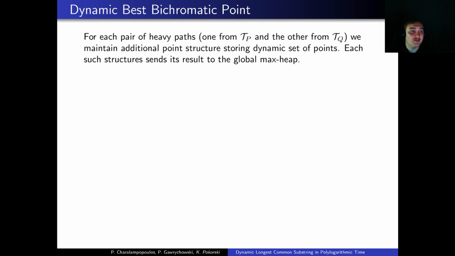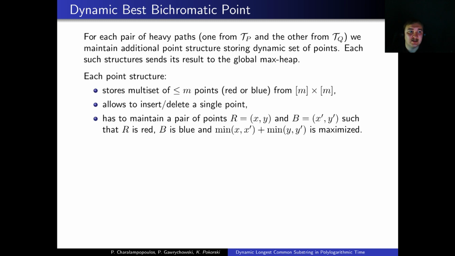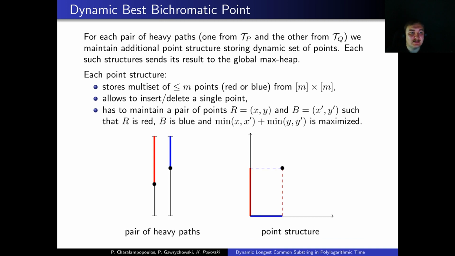For a pair of heavy paths, we can maintain an additional point structure that stores a set of points. Each such structure sends its result to a global max heap of candidates, similar to the partially dynamic idea. Each point structure stores points, and we are able to insert or delete points, and the goal is to maintain the best result for the pair of heavy paths.